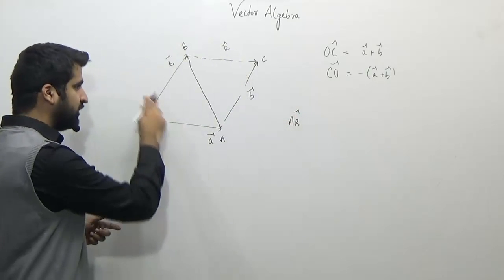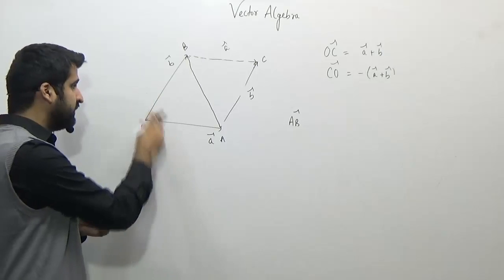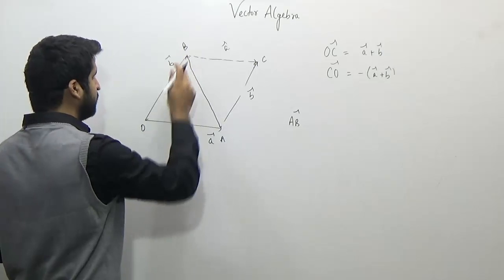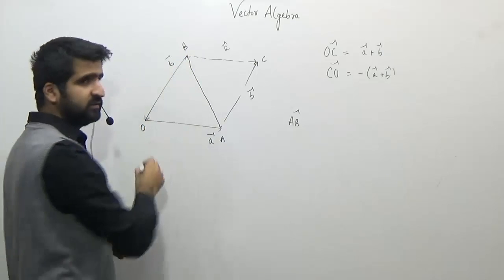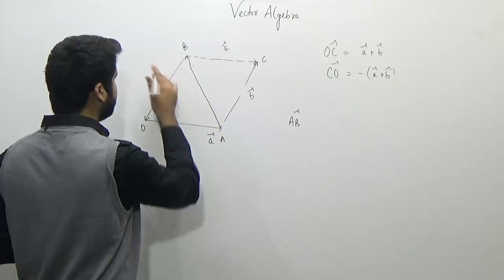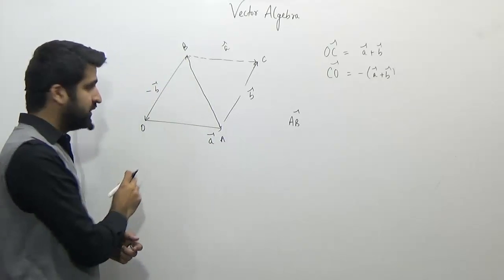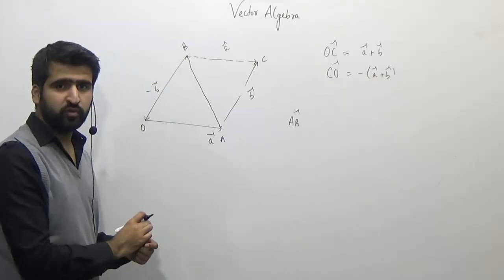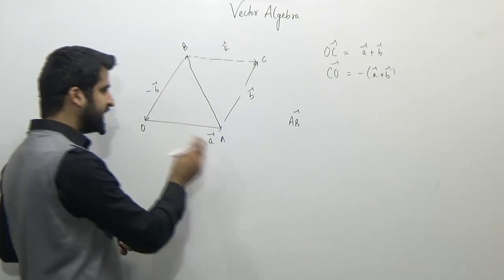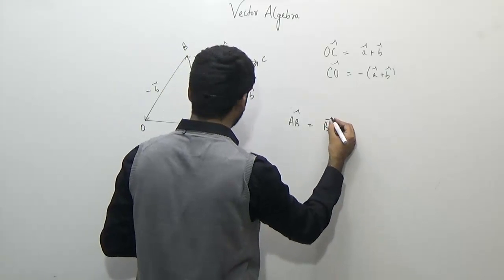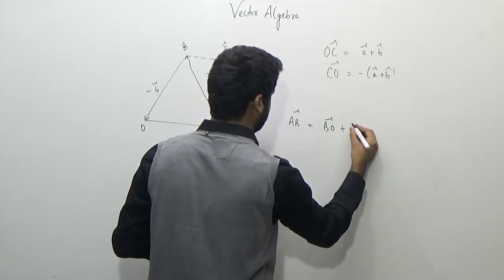Therefore the head of one of the two vectors should be connecting to the tail of the other. What we can do is, we can move this vector like this, so this will become minus B vector. Now this BO vector is minus B vector, and this vector is plus A vector. Therefore I can write that AB vector is equal to BO vector plus OA vector.